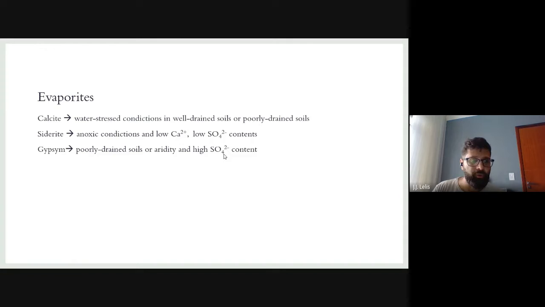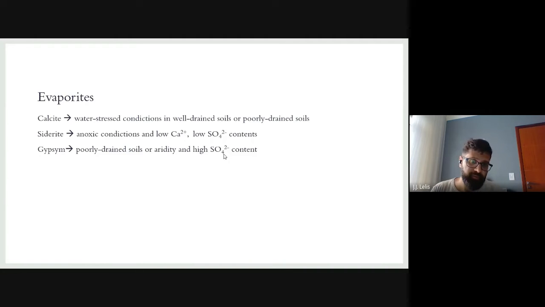Okay, so if we talk about the Himalayas, or the Andean regions, when we have semi-arid or even arid conditions, we can produce soils with a high content of sulfate, okay?